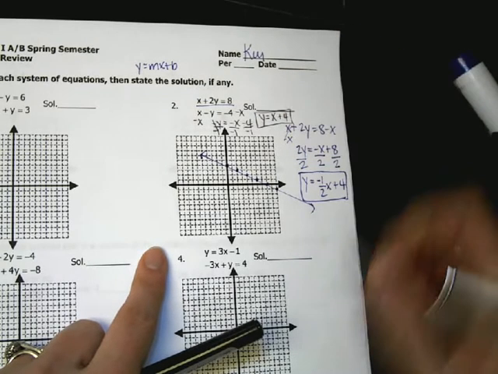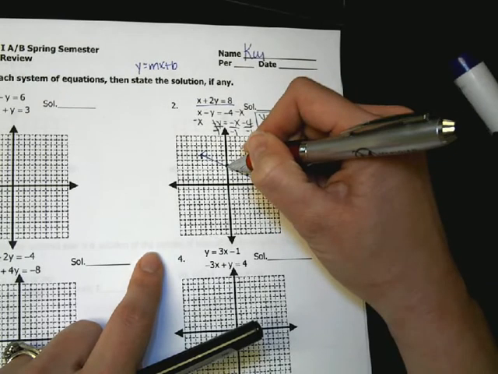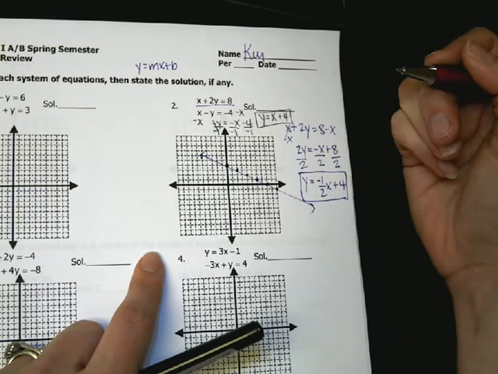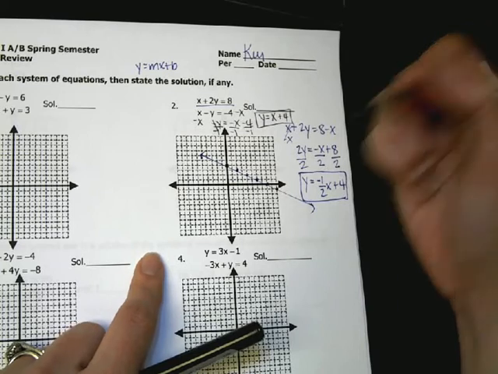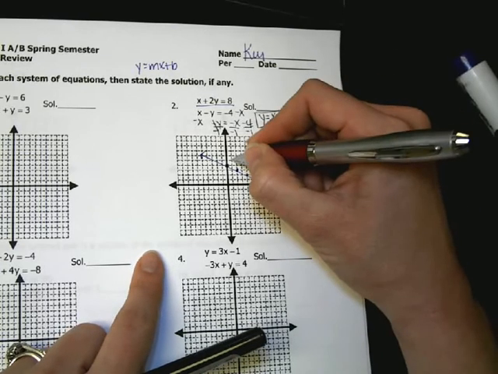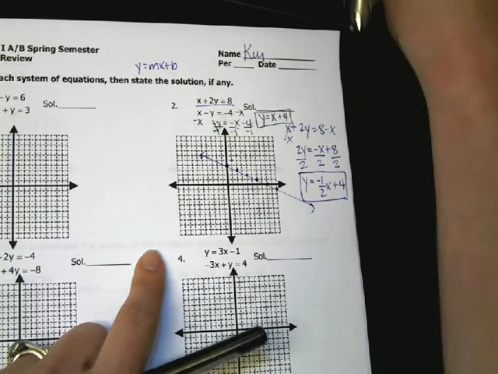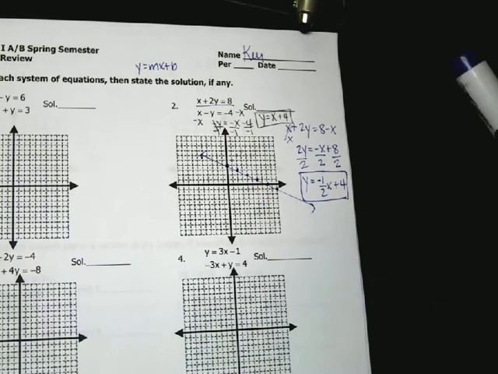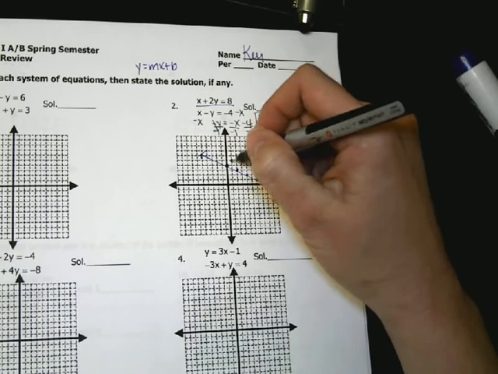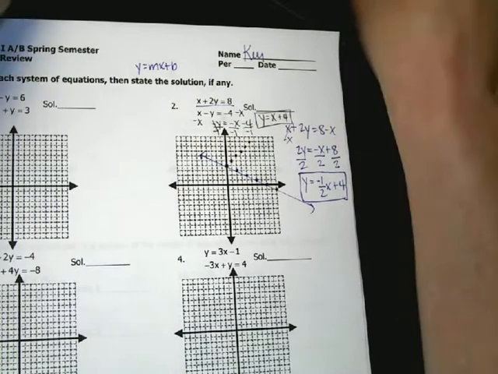So I go up to positive 4, make a point. I notice that's also where my other line started. And then my slope here is up 1 over 1. Up 1 over 1, up 1 over 1. You continue that, and you can use your straight edge there.